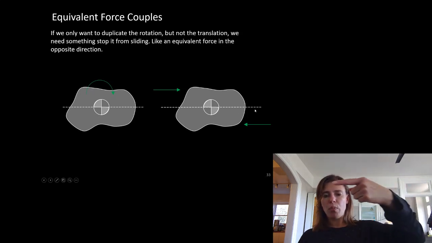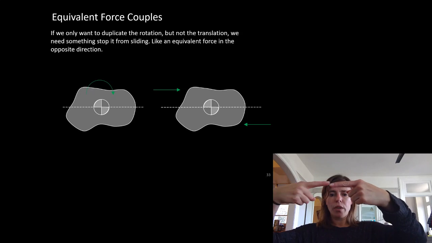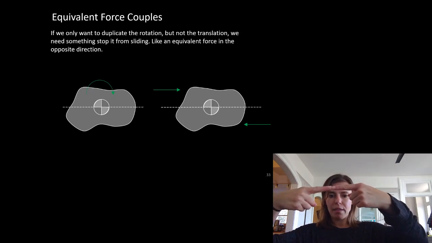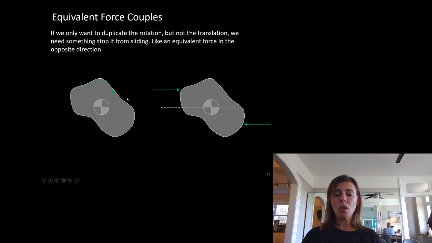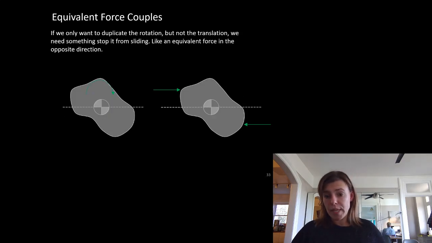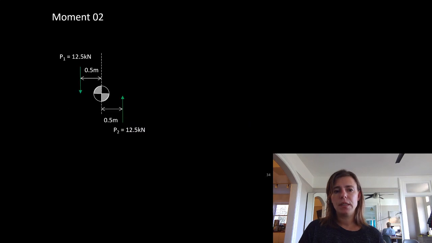One is going to try to push it this way, and one is going to try to push it this way, and they're going to balance each other out. So this moment only causes rotation, and these two forces only cause rotation. And that's the equivalent force couple system, where these two forces, some distance from the neutral axes, is the same thing as our moment. So both of them are going to try to make this rotate the same amount.